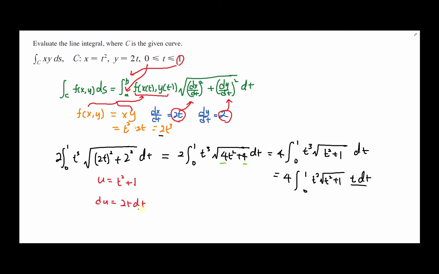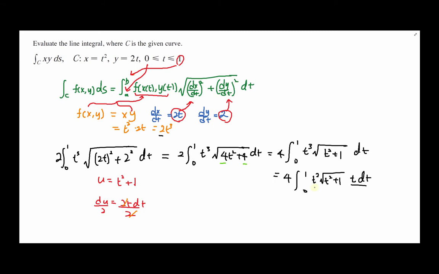And I have t dt, right? That means I can simply divide both sides by 2 and then cancel out 2. So I have t dt. I can simply substitute du over 2 and replace t dt.